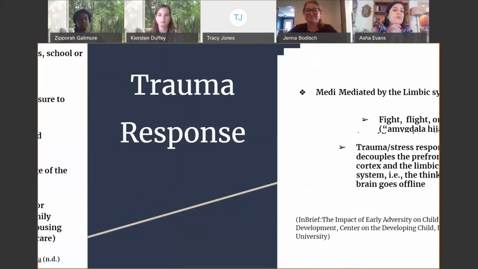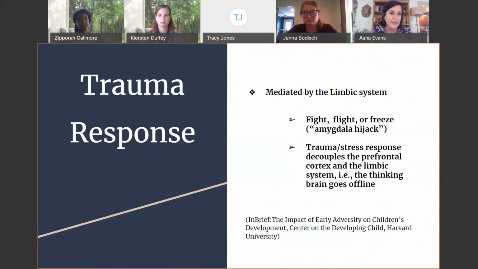So when we are threatened, our bodies activate a physiological response, and that usually results in our heart rate increasing, our blood pressure increasing, and our brains releasing various hormones, which then causes our adrenal glands to release cortisol.